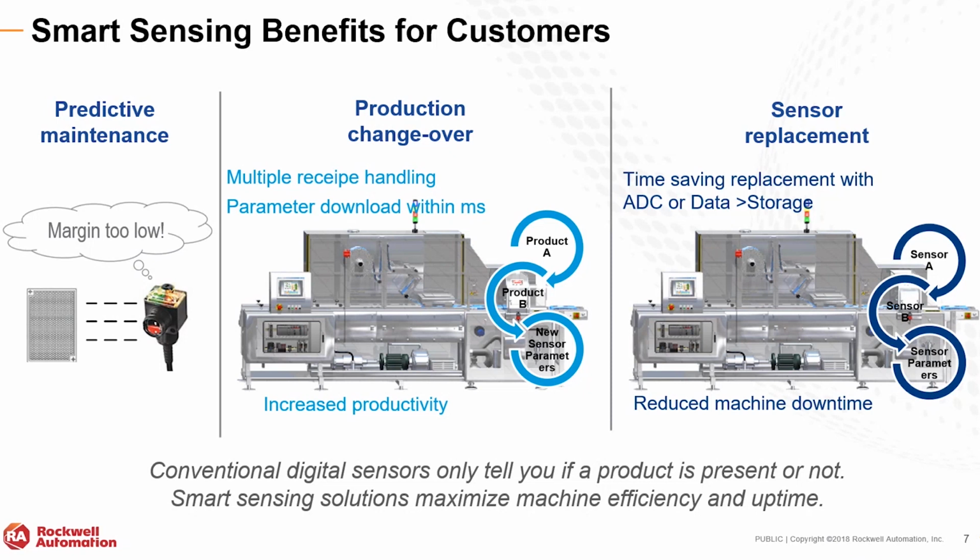We call this in Rockwell the ADC functionality, auto device configuration. That means we are also reducing machine downtime dramatically, and helping to get the machine up and ready soon. So those are really cost drivers, I would say, and we are saying that with smart sensors in general, we can have a productivity increase of 15 to 30%, depending on the industry.